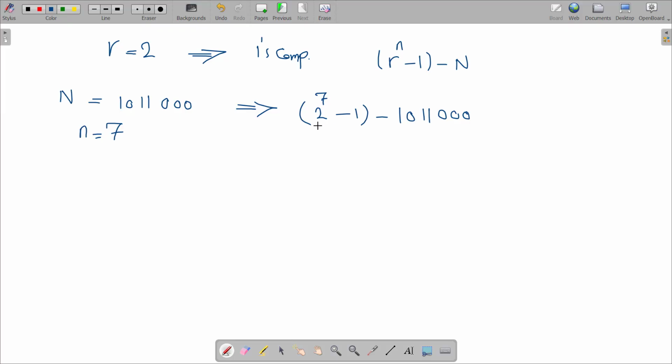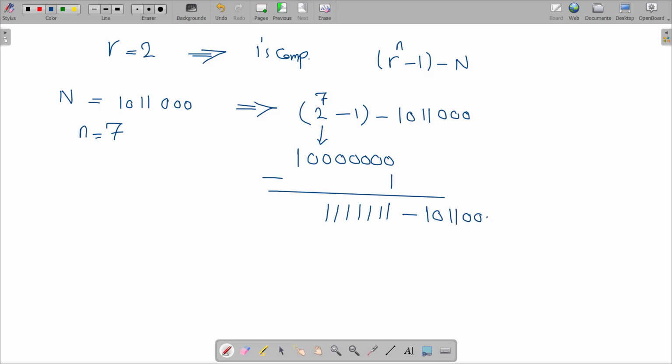Again, if you calculate this, you will have 1, 2, 3, 4, 5, 6, 7 minus 1, which gives 1, 1, 1, 1, 1, 1, 1. And again, you have to subtract the original number. If you subtract these two numbers, you get 0, 1, 0, 0, 1, 1, 1.